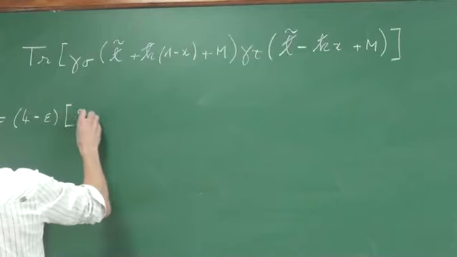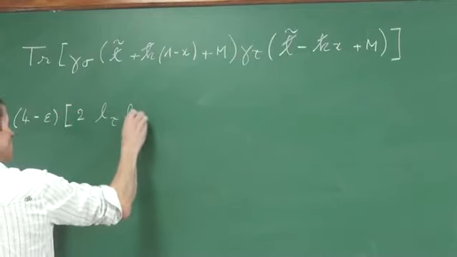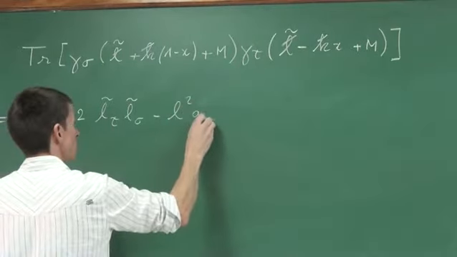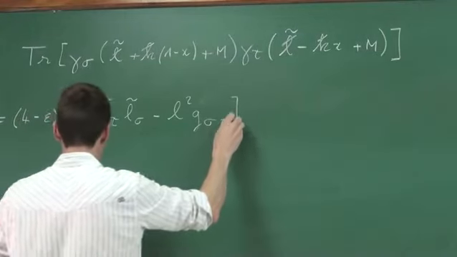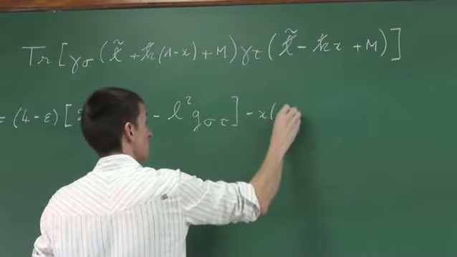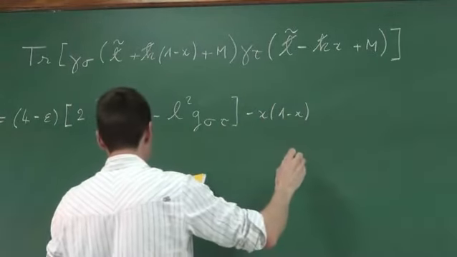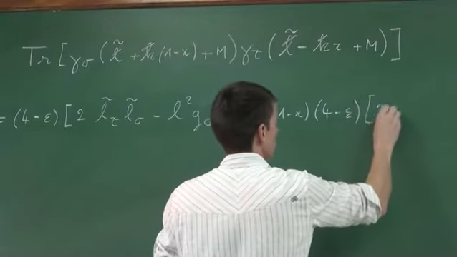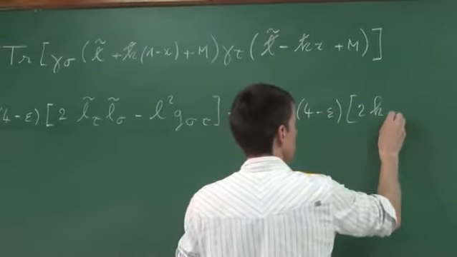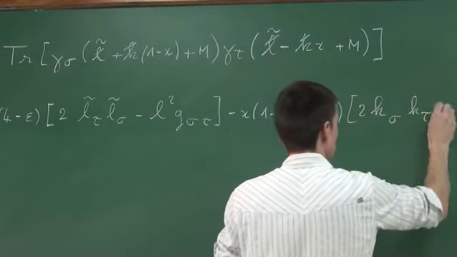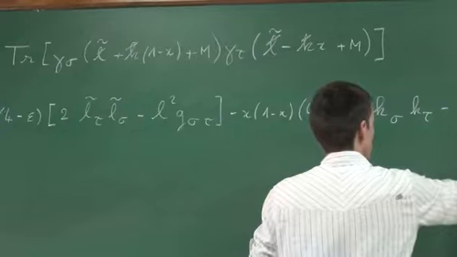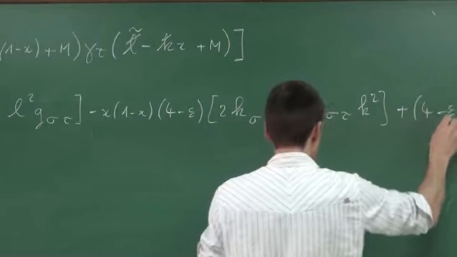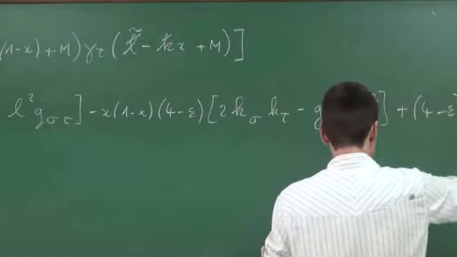Times 2 n tau L sigma minus L squared J sigma tau, minus x times 1 minus x times j minus epsilon k sigma k tau minus k sigma tau k squared, plus 4 minus epsilon times m squared.